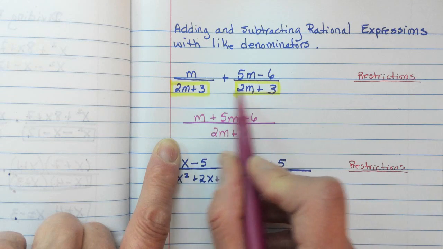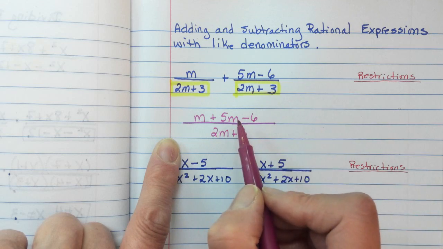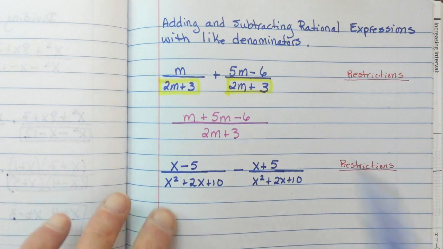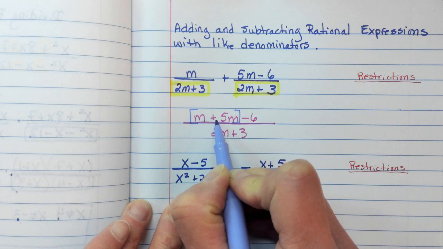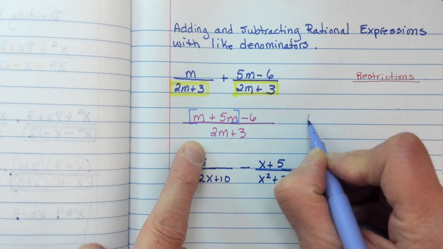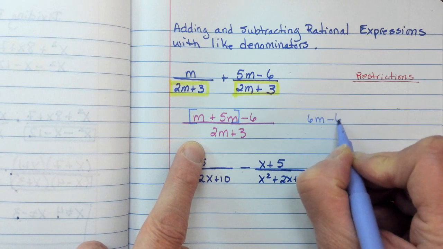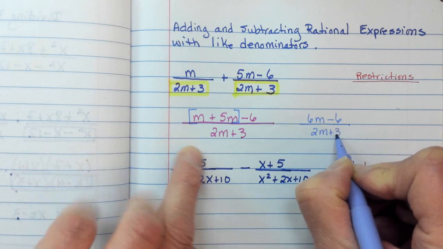So they share the same denominator, so there's only one. The only thing we have to do now is combine like terms, and our like terms are m plus 5m. So that gives us 6m minus 6 all over 2m plus 3.